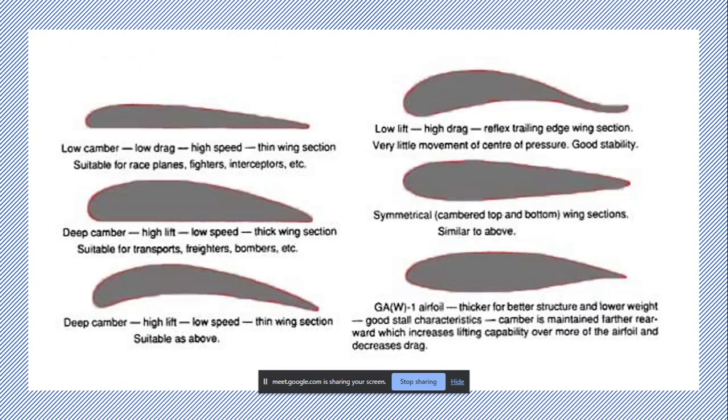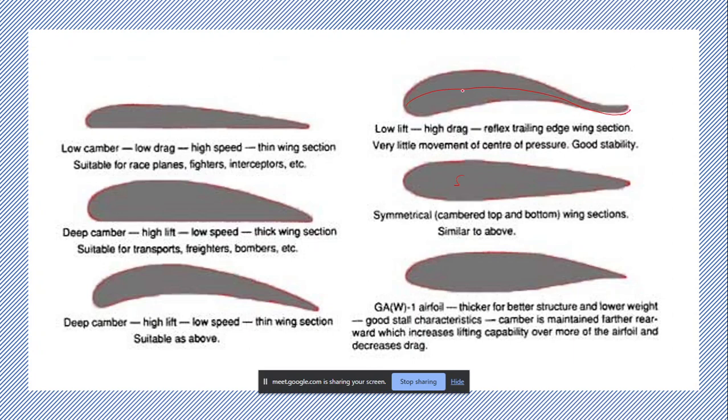Okay, so we'll just go over the few shapes that we had seen. This was discussed in the second or third week. So this is a cambered airfoil. This is a symmetric airfoil, right? We began with that. We moved to a slight camber, deep camber. Then we had the camber line something like this.